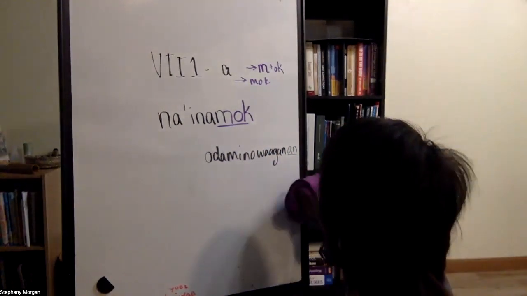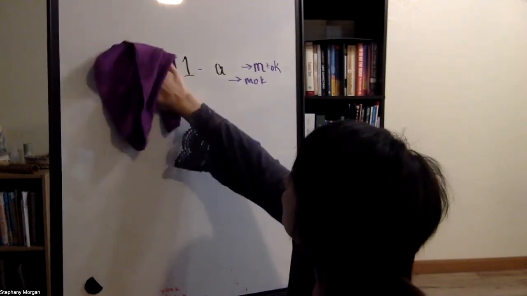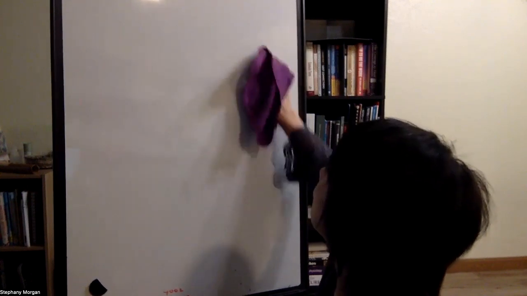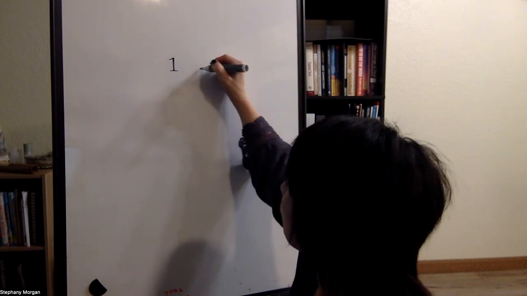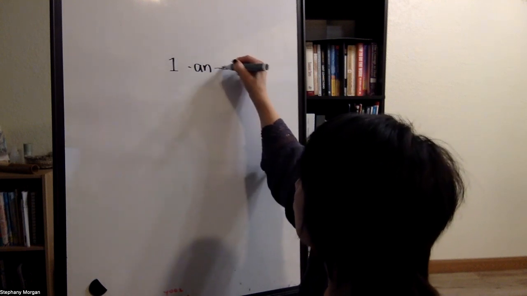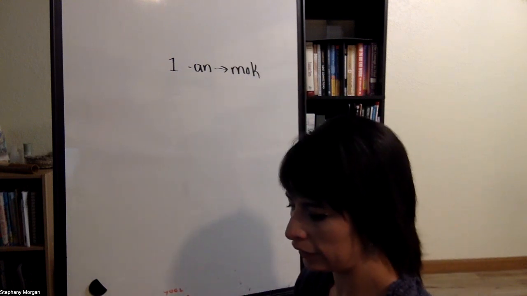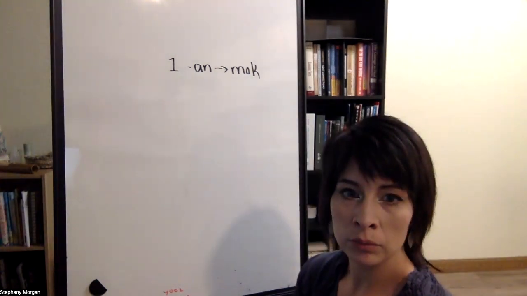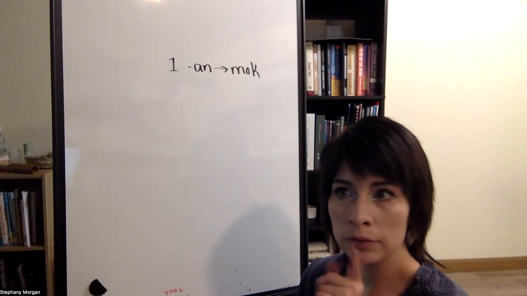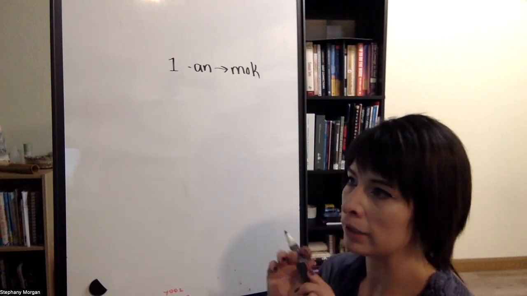Now let's try you all set it aside. AN becomes mok. So let's say you're at circle time and more than one of them brought something with them that they shouldn't have, and they're fiddling around and not paying attention.